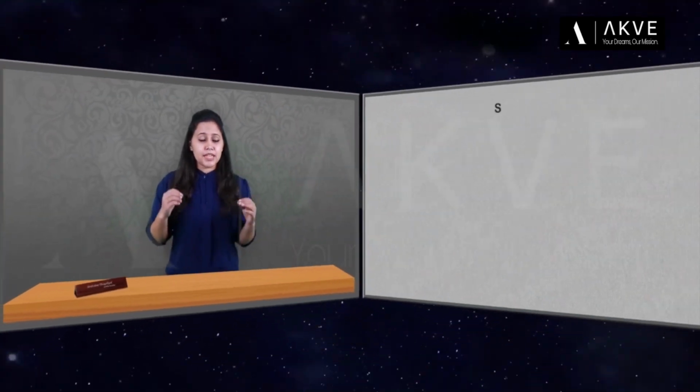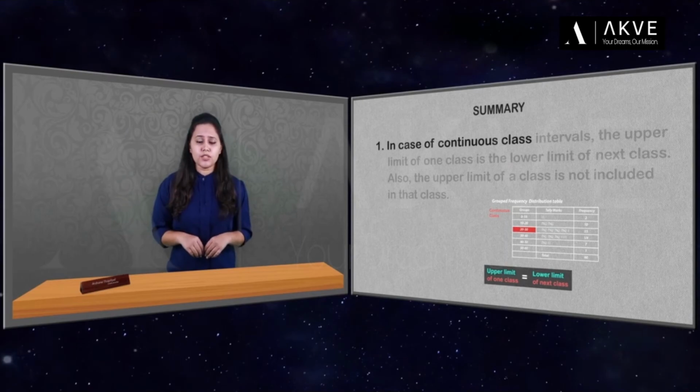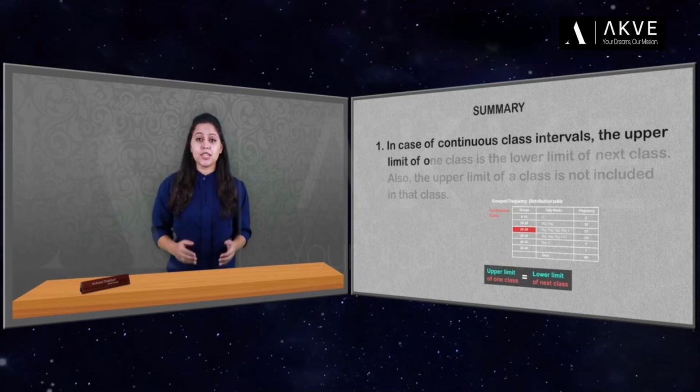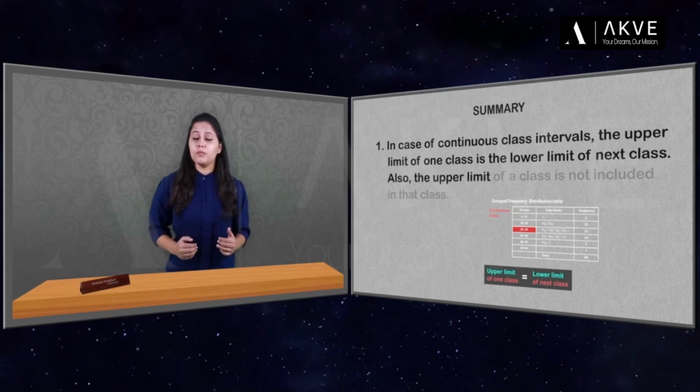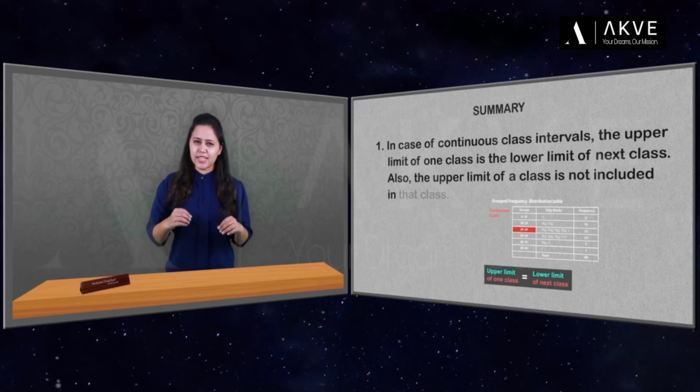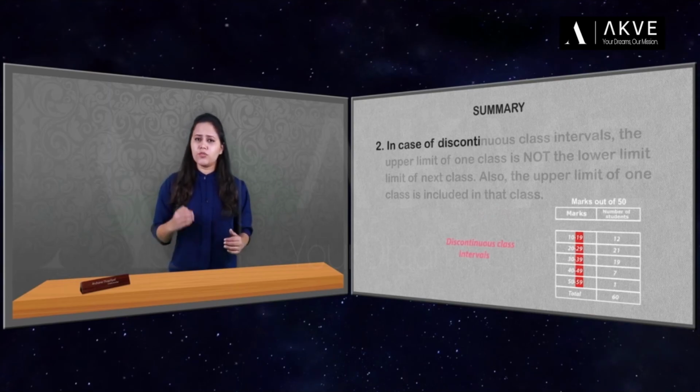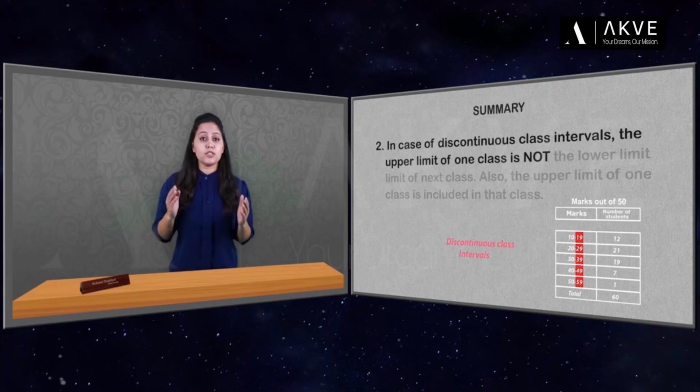Now, let's do a quick recap. In case of continuous class intervals, the upper limit of one class is the lower limit of the next class. Also, the upper limit of a class is not included in that class. In case of discontinuous class intervals, the upper limit of one class is not the lower limit of the next class.